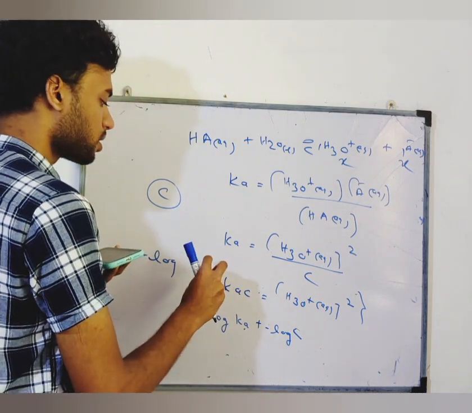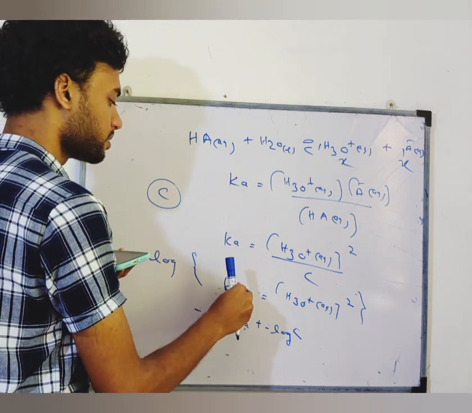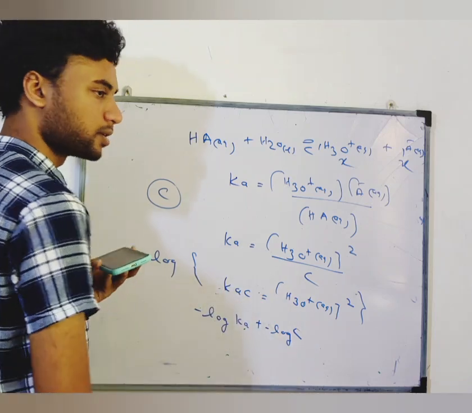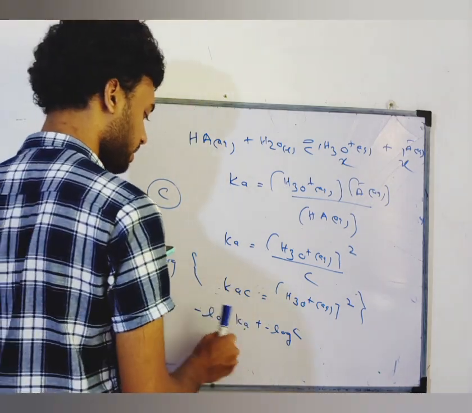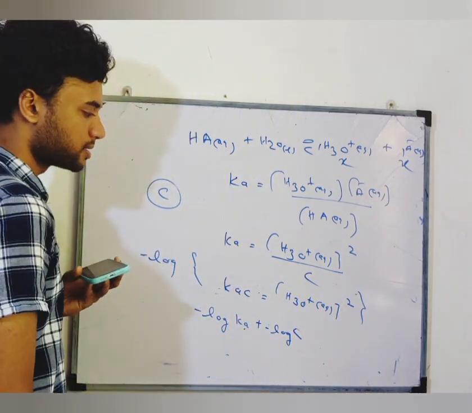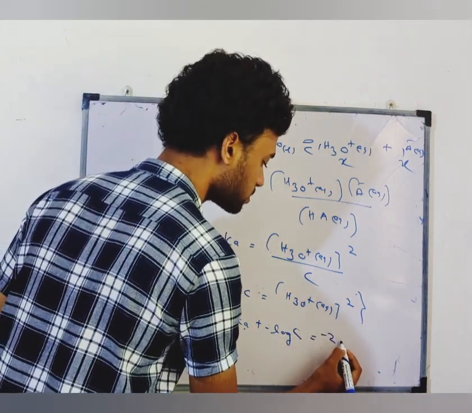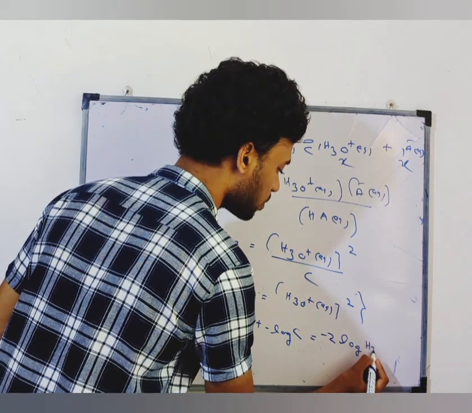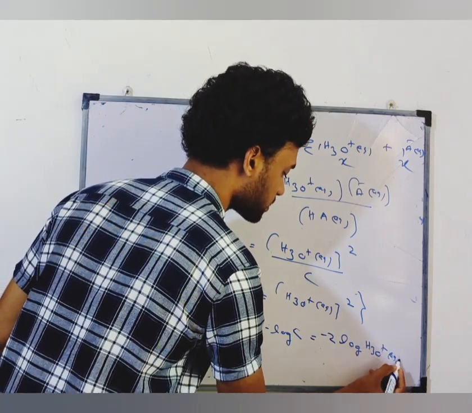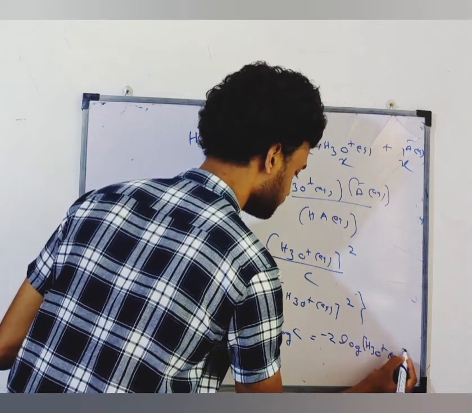Right? Now listen. When you take log of Ka times C, it becomes plus. You know that, right? So minus log Ka plus minus log C is equal to minus 2 log H3O+ aqueous concentration.